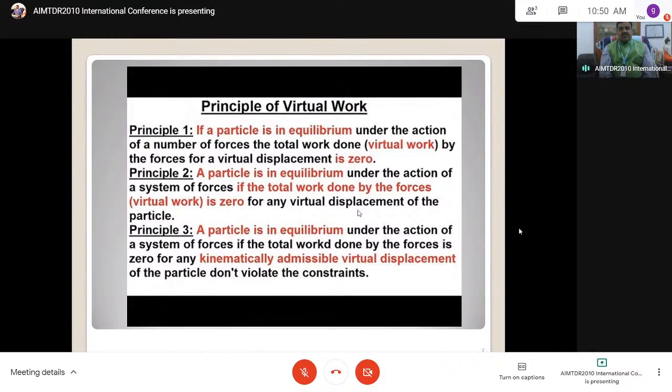So the only difference is that the first case has a number of forces, here a system of forces. Any type of forces you can consider on a particle only. But a particle is generally compared with a rigid body and a system. Here, for a system of forces, a few combinations are given. That's what I said earlier.